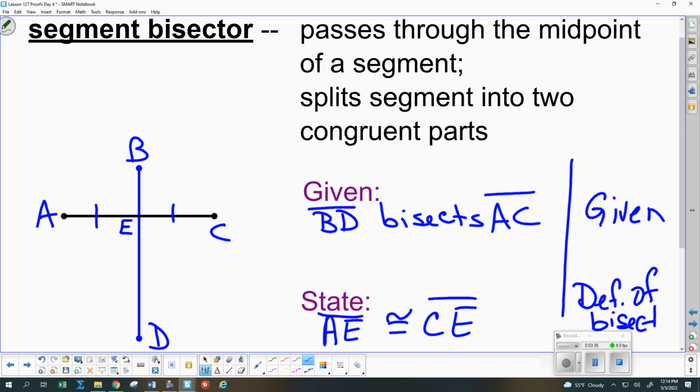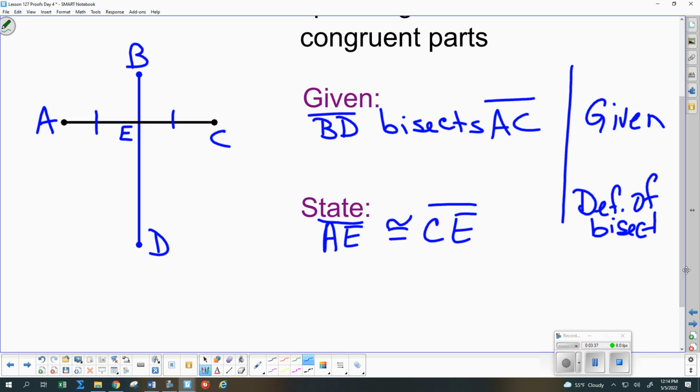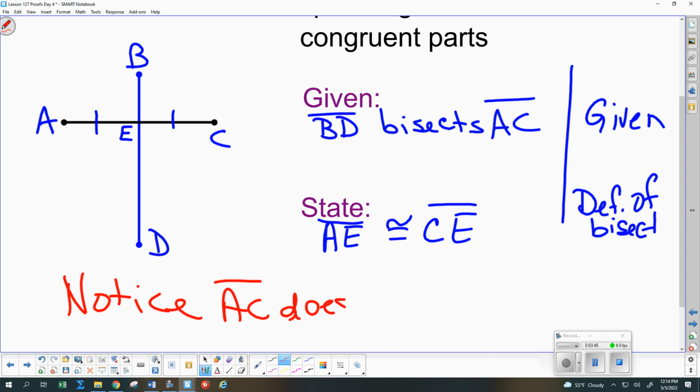And I want you to write yourself a note on this one. AC does not bisect BD in my picture. Do you understand how the English language works, so that you label the correct part?